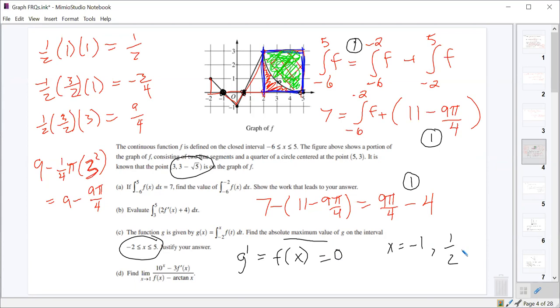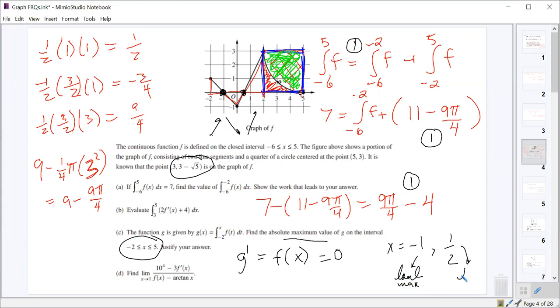We could eliminate one of those right off the bat, because if f is the derivative of g, here f is positive, so g is increasing, and then here f starts decreasing. So we could have a max at -1, but from -1 to 1/2, g is decreasing, and then it starts increasing. So at x equals -1, this is a local max, potentially an absolute max.